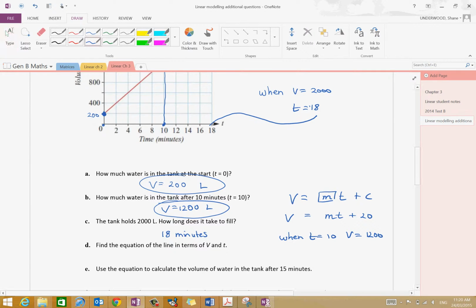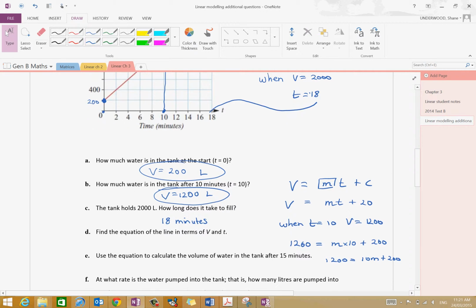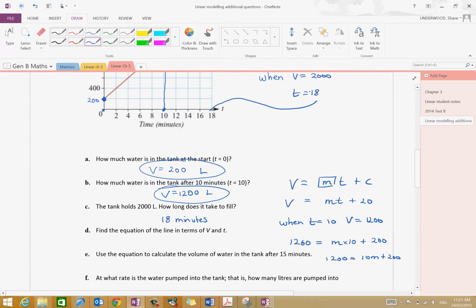So we're going to sub in this 10 and 1200. So we have 1200 is equal to M, which is the gradient, times T, which is 10, plus C, which is 200. Therefore 1200 is equal to 10M plus 200. I'm going to subtract 200 from both sides, though we could do it in our calculator.